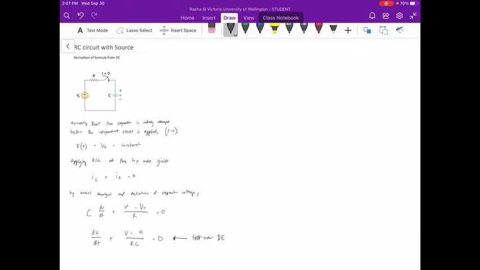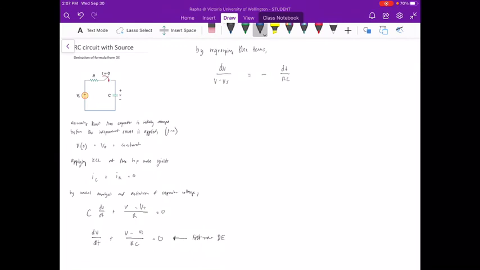By regrouping the terms, it becomes ready to be integrated. You have dV over (V minus Vs) equal to negative dt over RC.